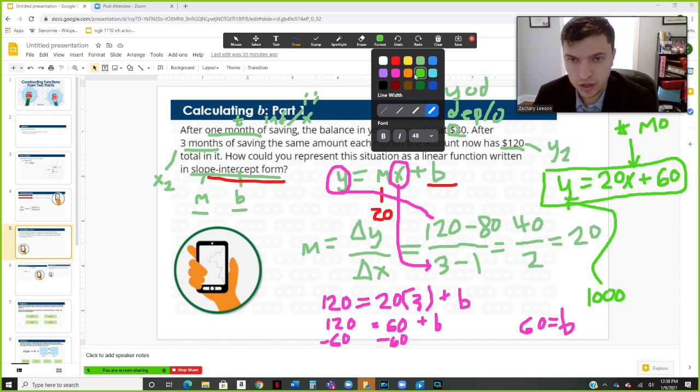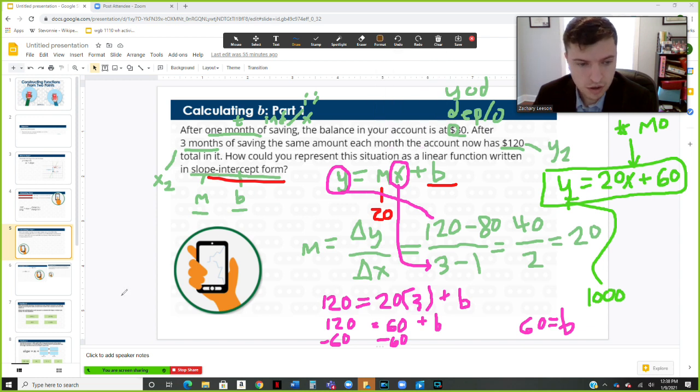And just real quick, this will be my last thing I'll do here. So after 10 months of savings, how much money will I have? So I'm going to do 20 times 10, and then add 60 to that, and that's going to give me a number of dollars there, right? So y equals 20 times 10, that's 200 plus 60.